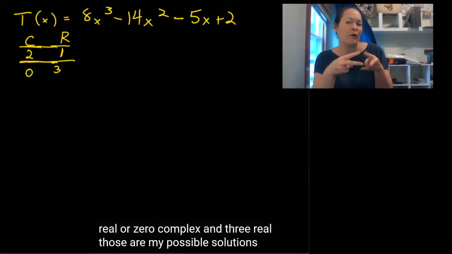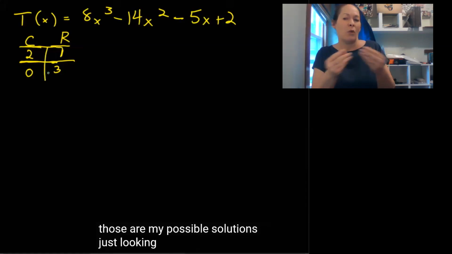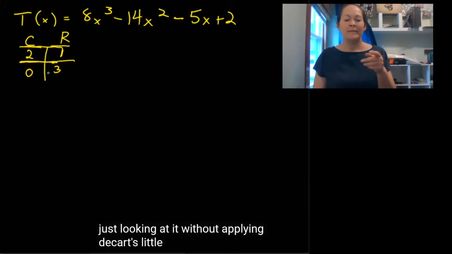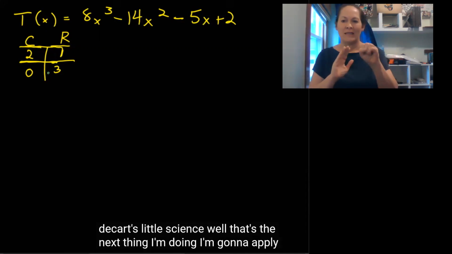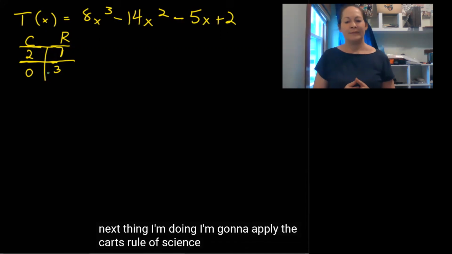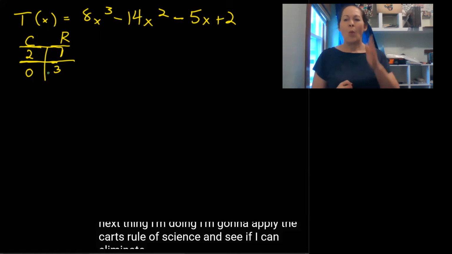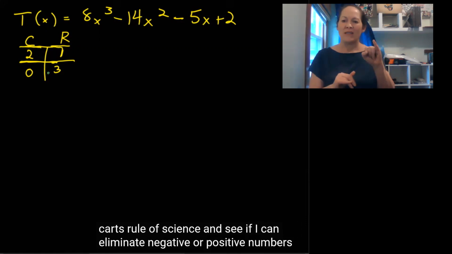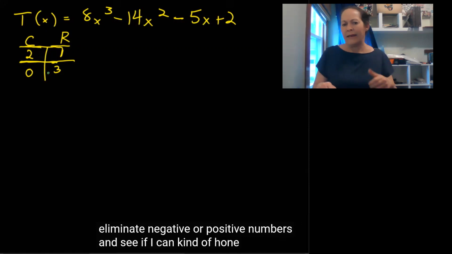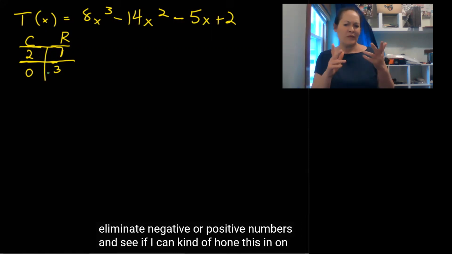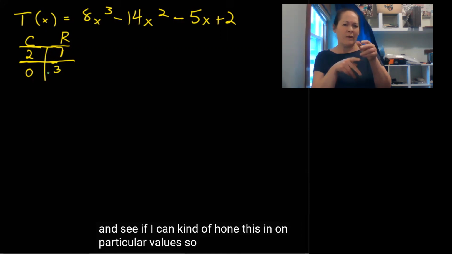Those are my possible solutions, just looking at it without applying Descartes' rule of signs. Well, that's the next thing I'm going to do. I'm going to apply Descartes' rule of signs and see if I can eliminate negative or positive numbers, and see if I can kind of hone this in on particular values.